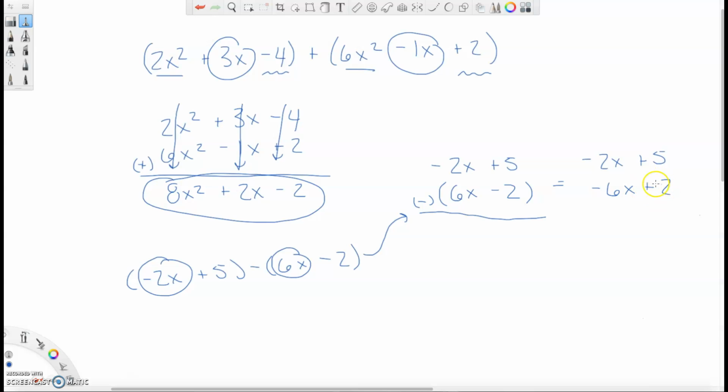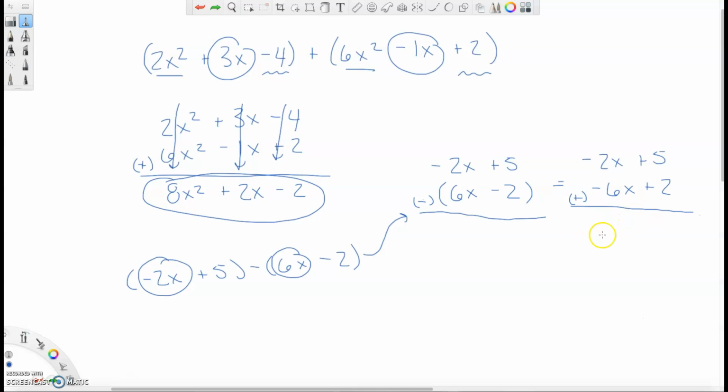Now where I've done this plus 2, I did negative times a negative is a positive. Okay? Now we can draw the bar again, and we can add them together. So what I did is I changed the sign of the negative to a positive and distributed the negative into each one.